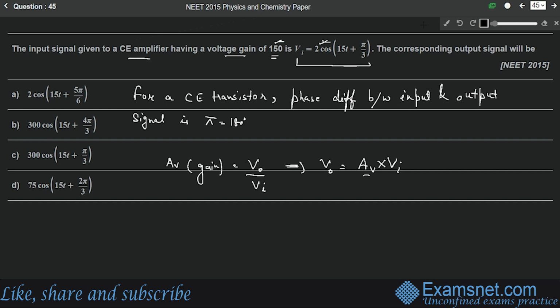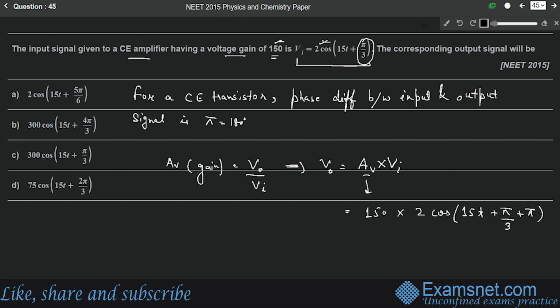Both are given, we have to multiply, but in the angle, in this pi by 3 of the input voltage, the phase difference will also get added. So voltage gain is 150 into the input voltage 2 cos(15t plus pi by 3), and the phase difference will get added here, that means pi will get added here.